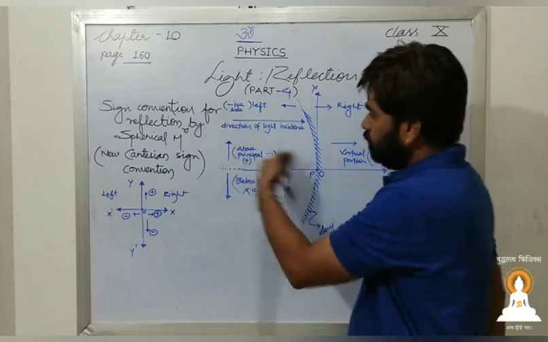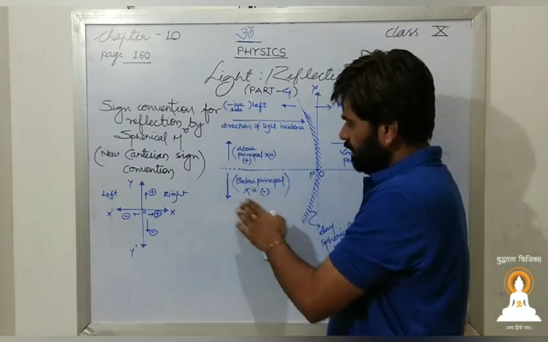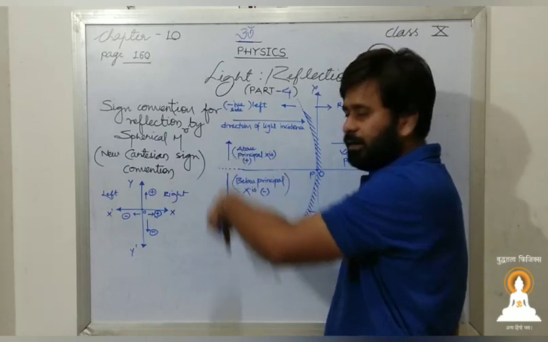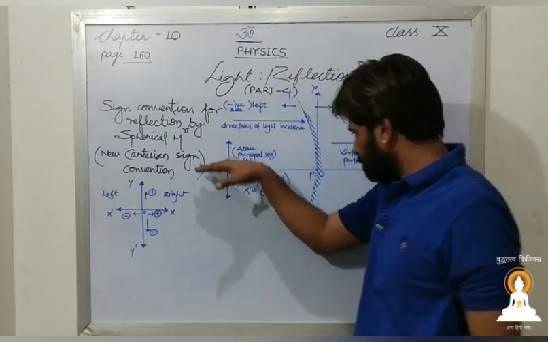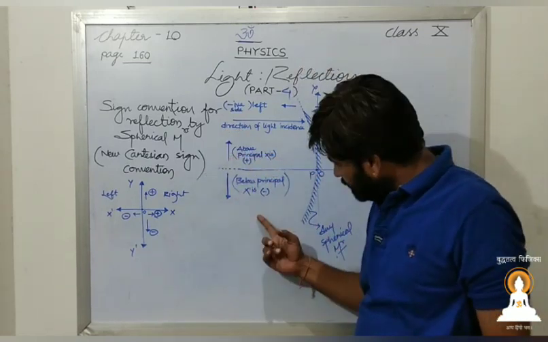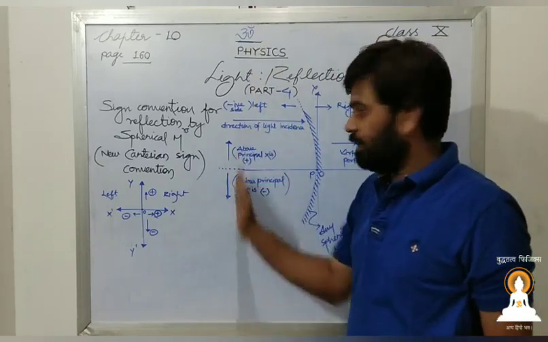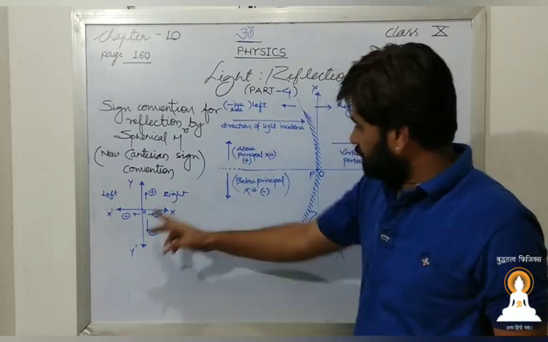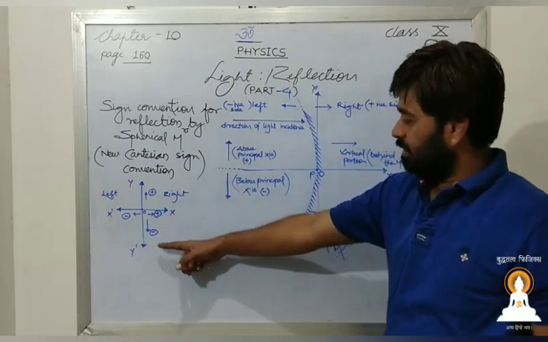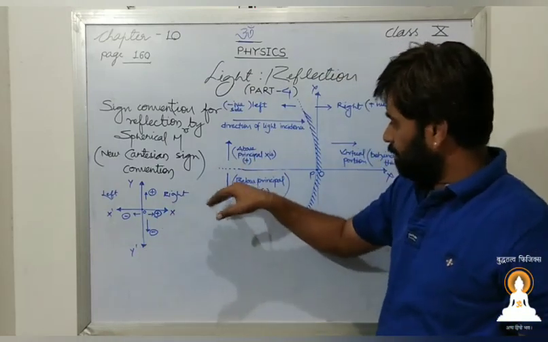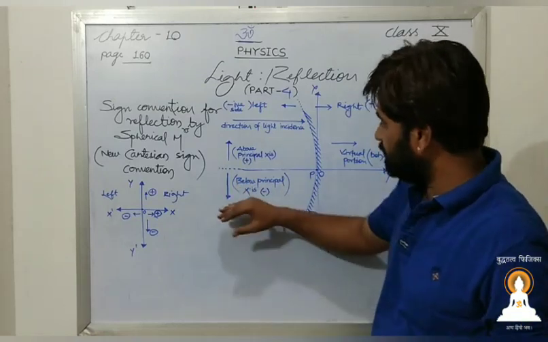According to the position of the object, if the image is inverted, it will be below the principal axis. Since we are talking about the vertical direction, that will be treated as negative, with the negative sign.